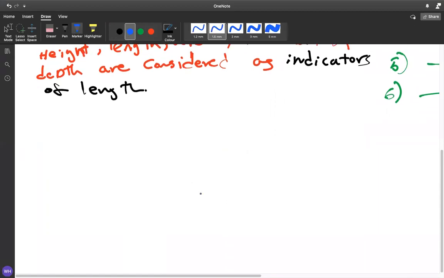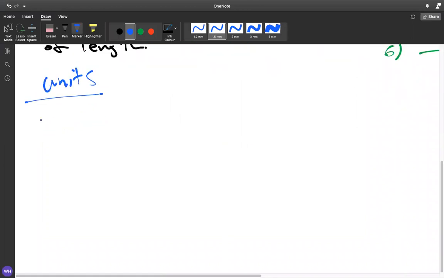Right. So let's write the next subtopic. Units used to measure length. Let's study the units that we use to measure length. Meters. To indicate meters, we use a symbol. What is the symbol that we use? Simple M, right?